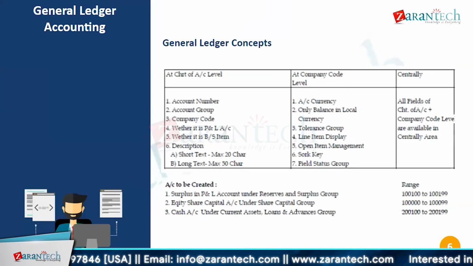So what exactly does chart of account level mean? The chart of account level is the general part of the GL. It is general, so any company code or any business entity using the chart of account can draw on those particular fields.